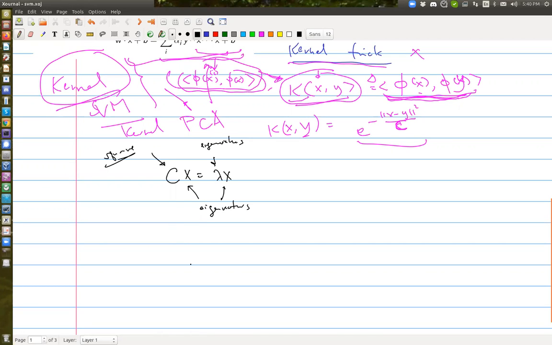Okay, let me see how much you know. By the way, can lambda be complex? Let's say there's a question: can lambda be complex?